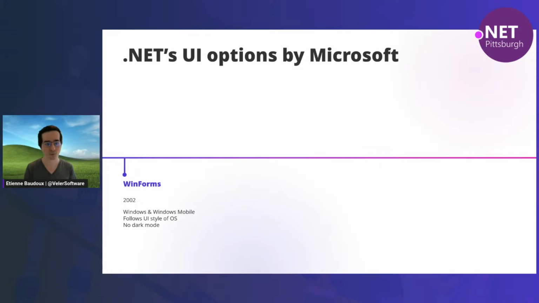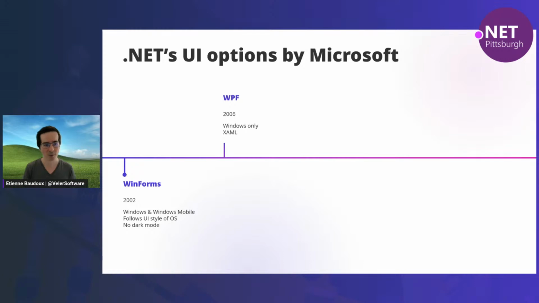And with WinForms, if you basically do not customize, like this button, for example, and that you run your app on Windows XP, 7, etc., you will have that button that follows the style of the operating system on which you run it.